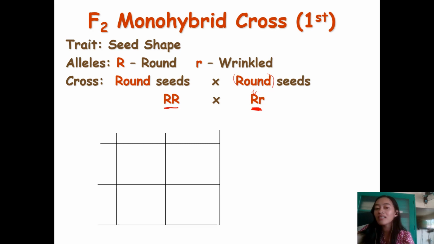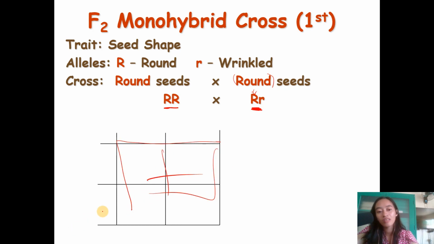So how you do that is you make a box, a Punnett square again, then write the letters. We will just agree to write the first set on the side.